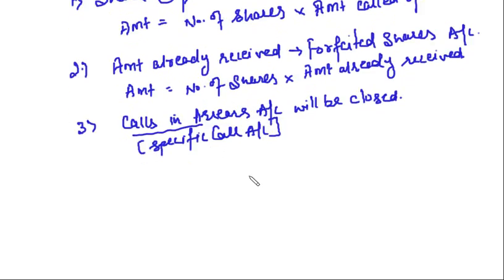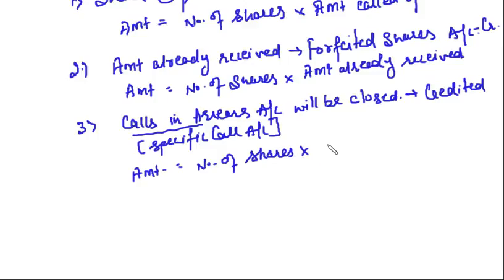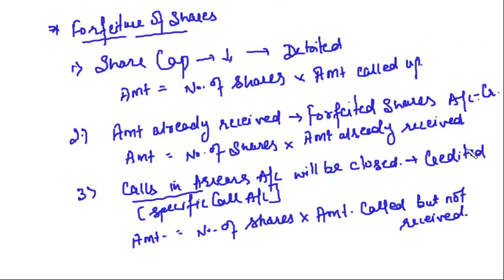We have to close this account, and to close it, it will be credited. Now what will be the amount? Number of shares multiplied by amount called but not received. Clear? So these are the three thumb rules of forfeiture.